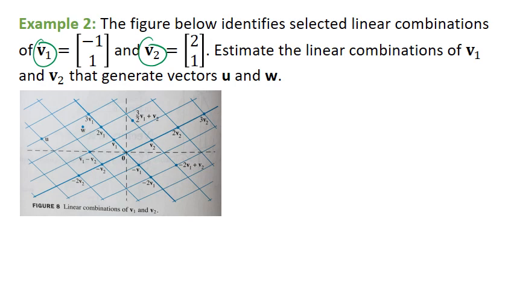So what we're going to do is estimate the linear combinations of V1 and V2 that generate these two new vectors. This terminology is a little bit different, but we are basically going to apply the parallelogram rule.